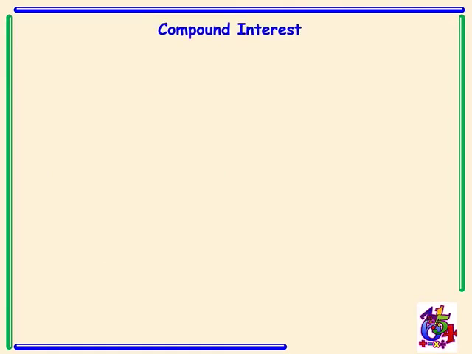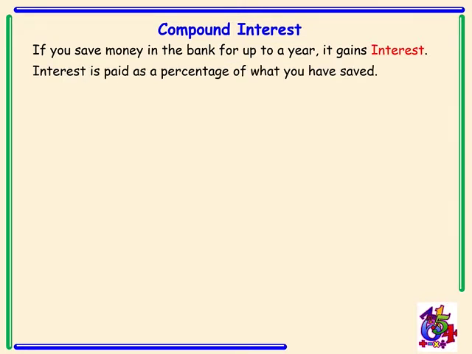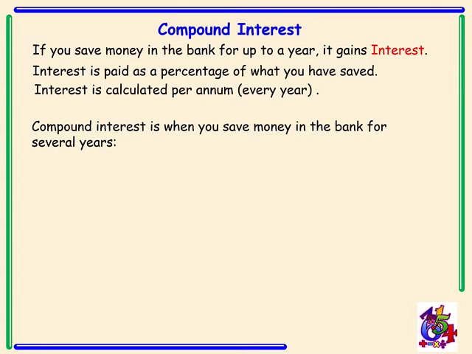Compound interest. If you save money in the bank for up to a year, it gains interest. Interest is paid to you as a percentage of what you have saved. It's calculated per annum, which means it's calculated every year. Now, compound interest is when you save money in a bank for several years.